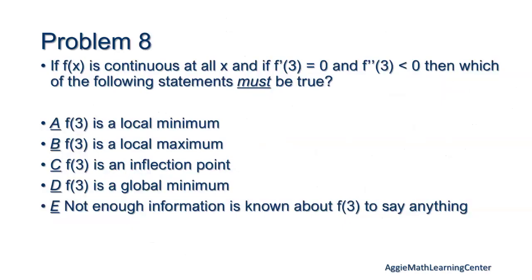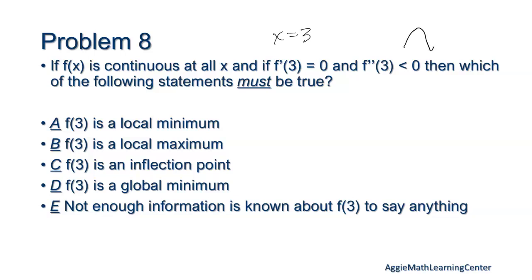Okay, problem 8 says if f of x is continuous at all x, and if f prime of 3 is equal to 0, and f double prime of 3 is less than 0, then which of the following statements must be true? What can you tell me about x equals 3? What do we know for sure? Because f double prime is less than 0, that means it's concave down.